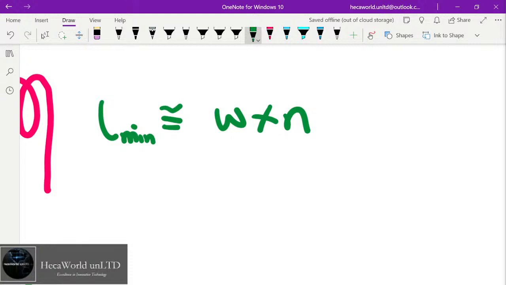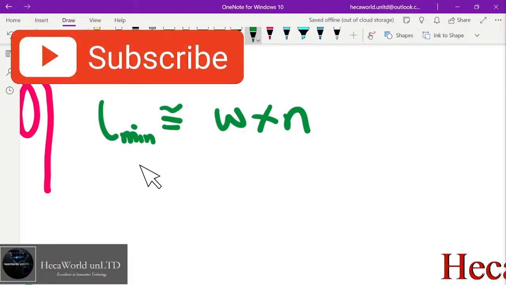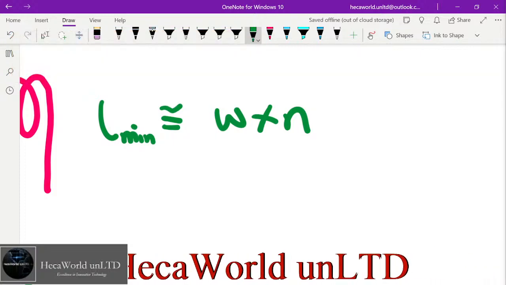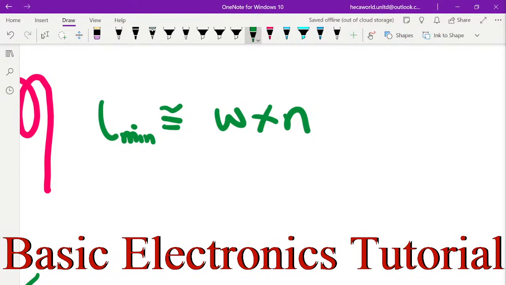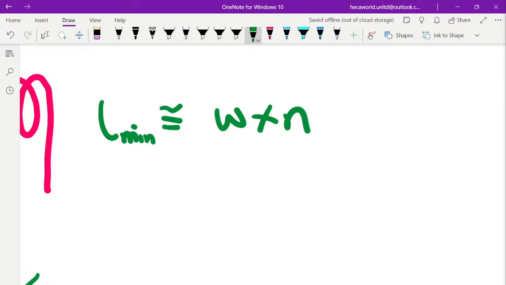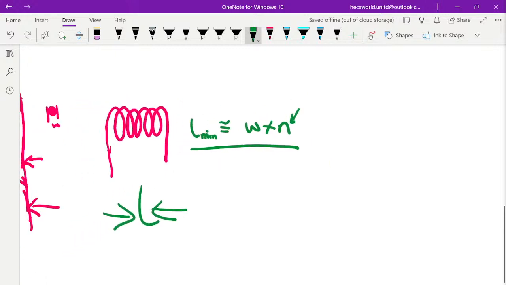Because if the wires are tightly packed together, the length of the magnetic circuit will be that wire plus the next width plus the next width plus the next width, and since it is the same wire, the width will just be a multiple. So multiply by the number of turns, that will give you the length. That's the minimum length. Of course, you can space it out a little bit to change the inductance.